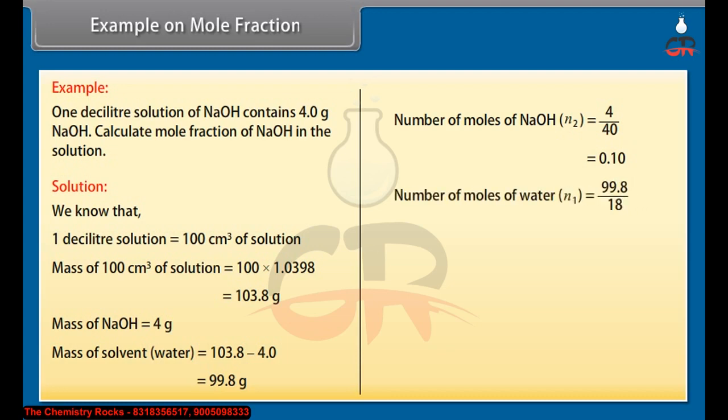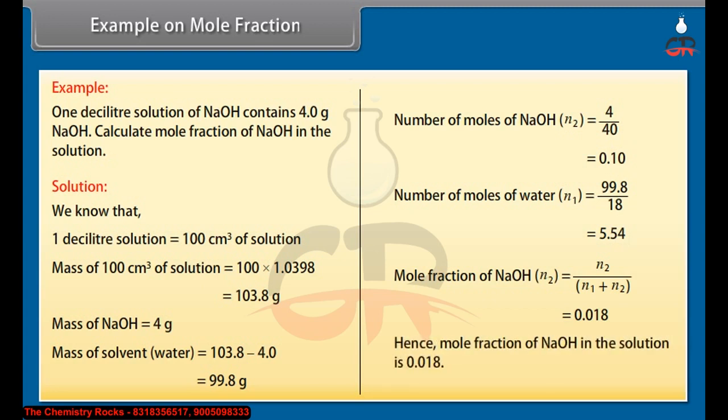Number of moles of water, N1, is equal to 99.8 divided by 18, which is equal to 5.54. Mole fraction of NaOH, X2, is equal to N2 upon N1 plus N2, which is equal to 0.018. Hence, the mole fraction of NaOH in the solution is 0.018.